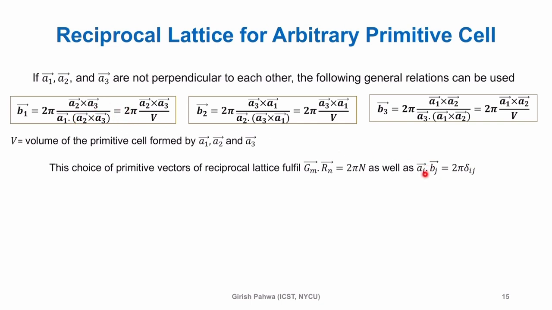If A and B have the same index, it gives us 2 pi, different index gives us 0. That can be represented through this Kronecker delta function. Must have seen that previously. So delta ij means, when i and j are equal, it is 1; when i and j are not equal, it is 0. That's called the Kronecker delta function. So in general, you can represent it as 2 pi times delta ij. And this holds true, we already know this.